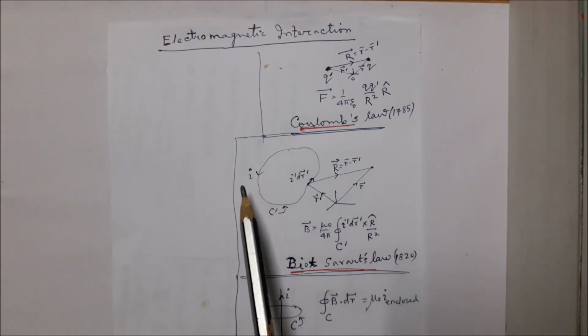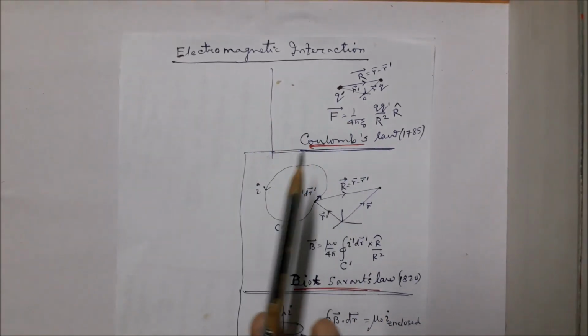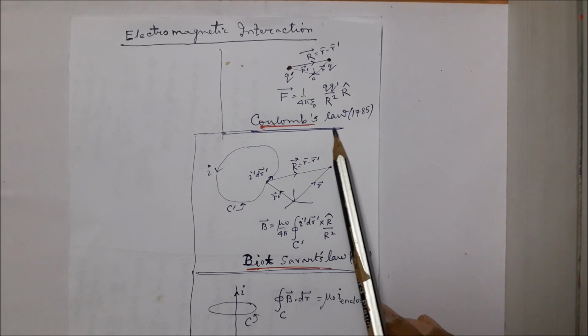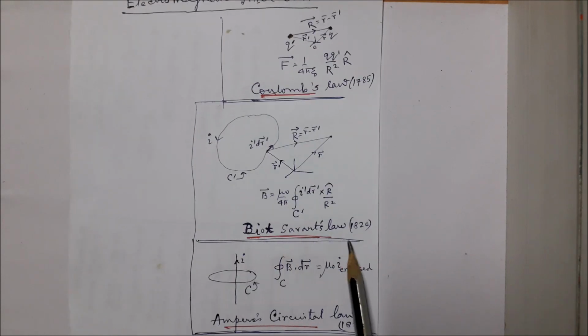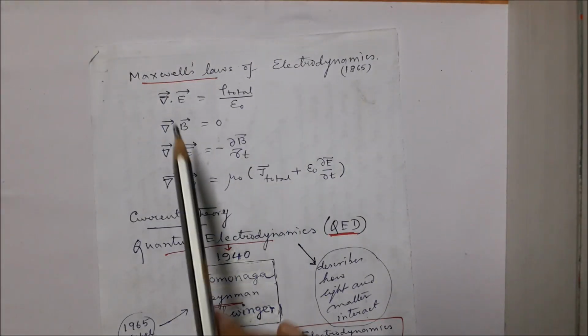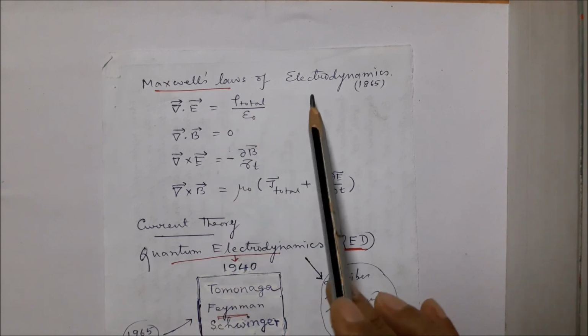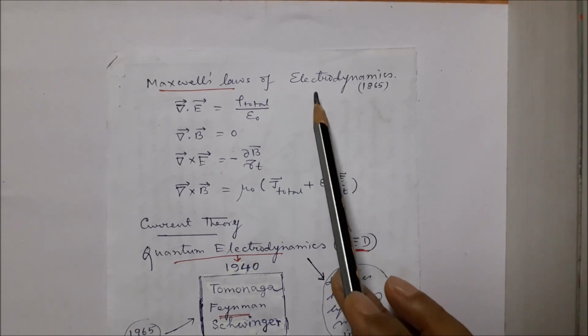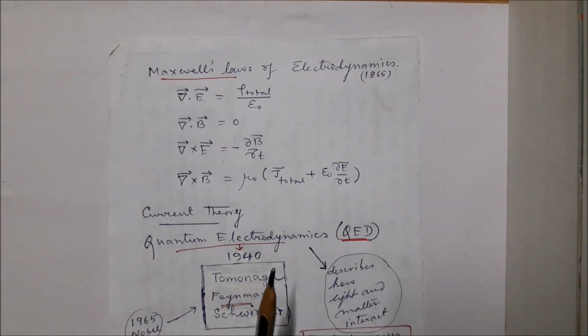The electromagnetic interaction is described by various laws. For instance, Coulomb's law in 1785, Biot-Savart's law in 1820, Ampere's circuital law in 1823, and the famous Maxwell's equations, which describe the entire electrodynamics, given around 1865.